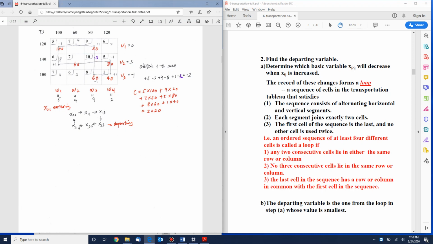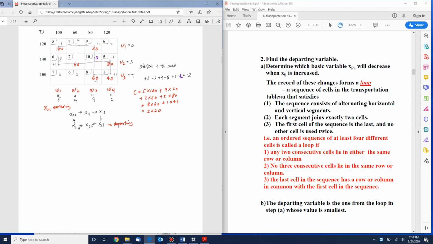So when we add all this together, it is negative 18 and plus negative 16 equals minus 2. So in this way, if we make this shift, we will save $2.